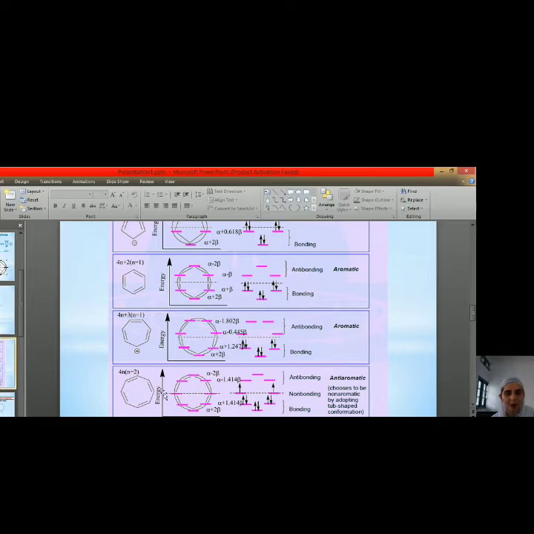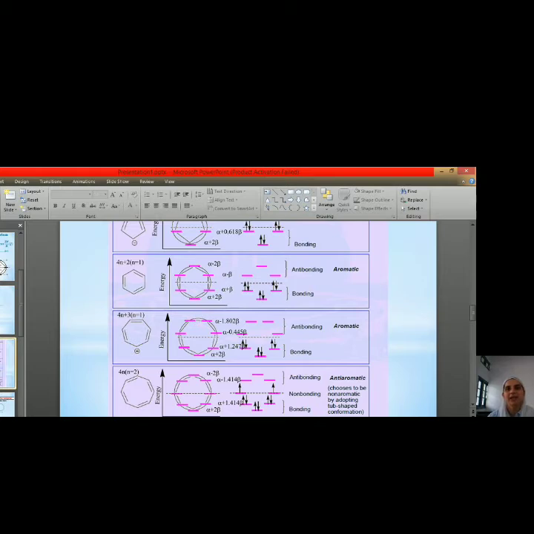Coming to cyclooctatetraene. In this case, we have 8 pi electrons. So filling these 8 electrons in these orbitals, we will find the orbitals are half-filled. These non-bonding orbitals are half-filled. So this means that the system is anti-aromatic. But this system chooses to be non-aromatic by taking the shape of a tub.